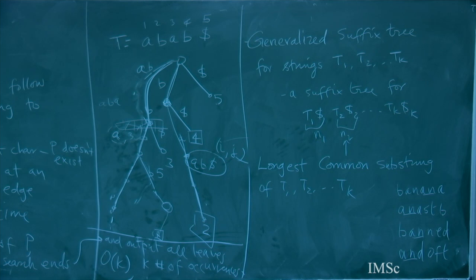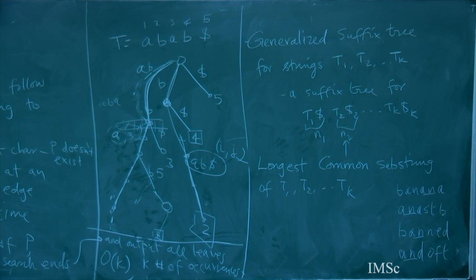Longest common substring. Suppose I want to do this even for 2 strings, not k strings. Just imagine, without thinking about suffix trees, how you would do it. For the longest common subsequence of 2 strings, we know we can use standard dynamic programming to compute it in order mn time, where m is the length of the first string and n is the length of the second string.